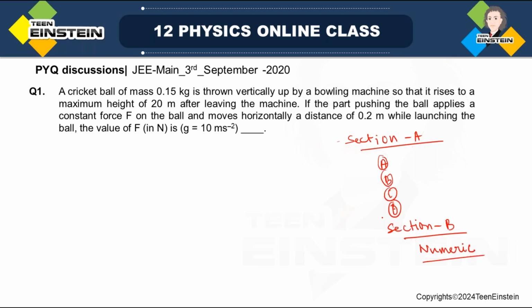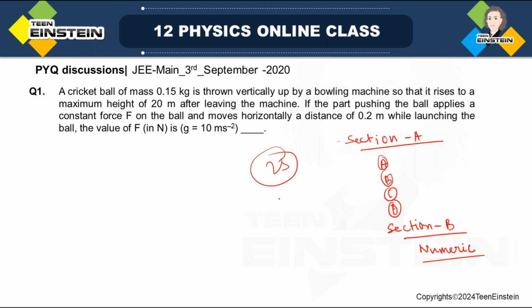There you have to give the values, and there will be 10 questions. Out of 10 you have to attempt 5 questions. So total 30 questions you have to attempt. Sorry, I think 25 questions.